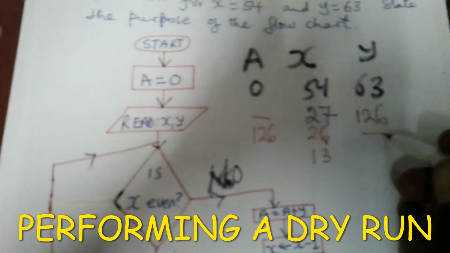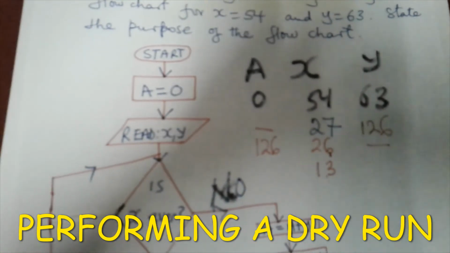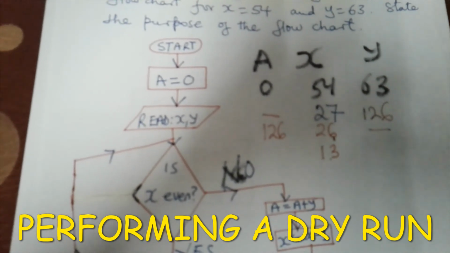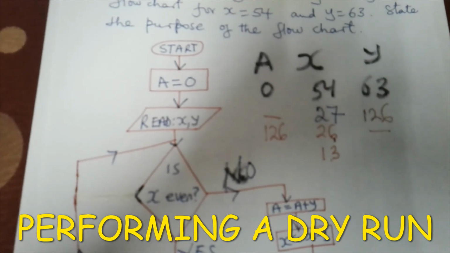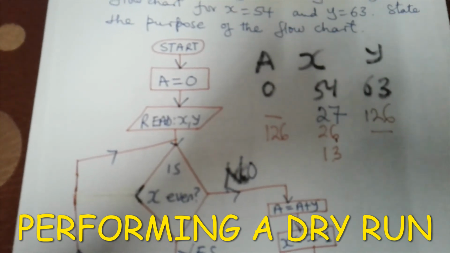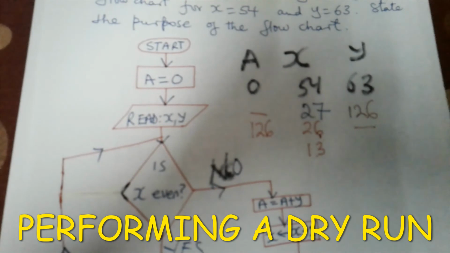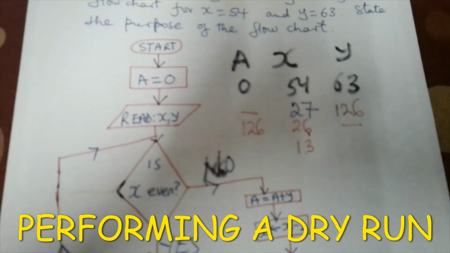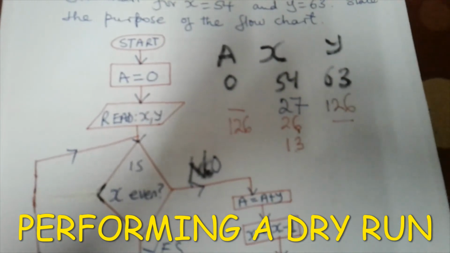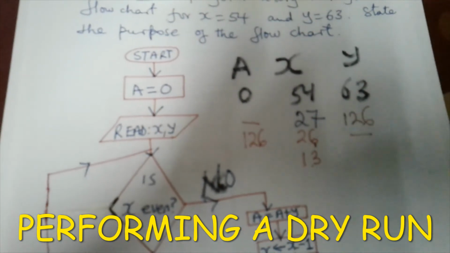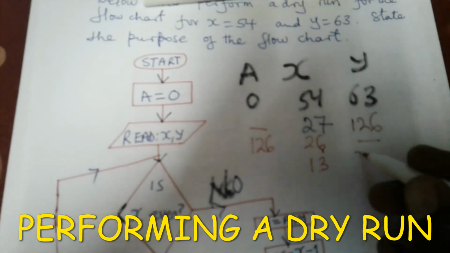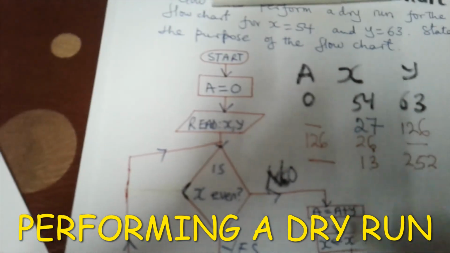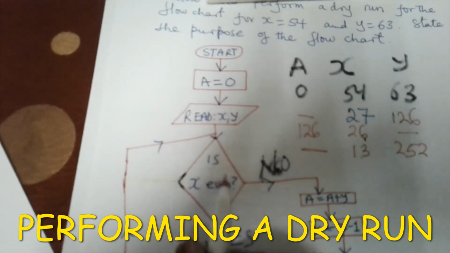There is nothing here. So x is 13, then you go back. You move down. Then y will be doubled, 2 times y, which will be 2 times 126, and that becomes 252. Then this one is nothing according to the process.